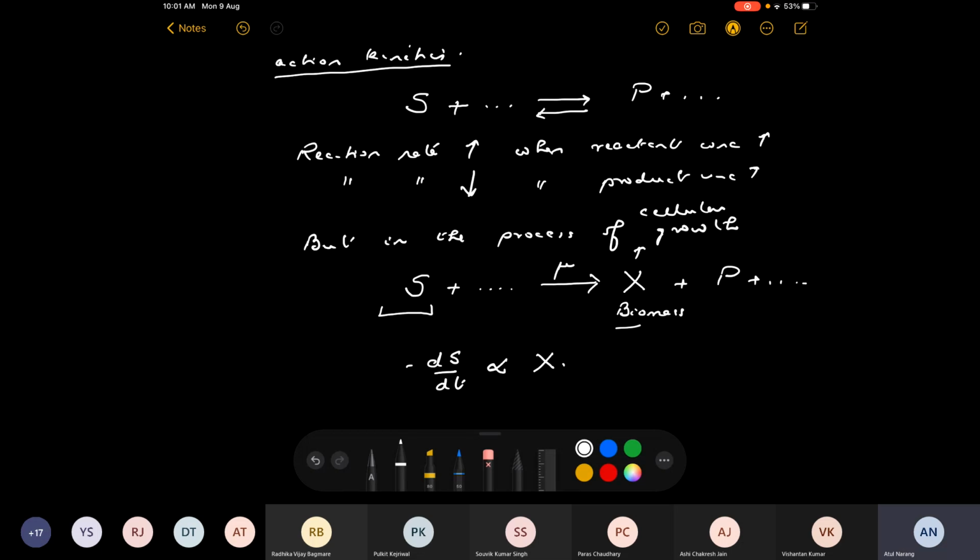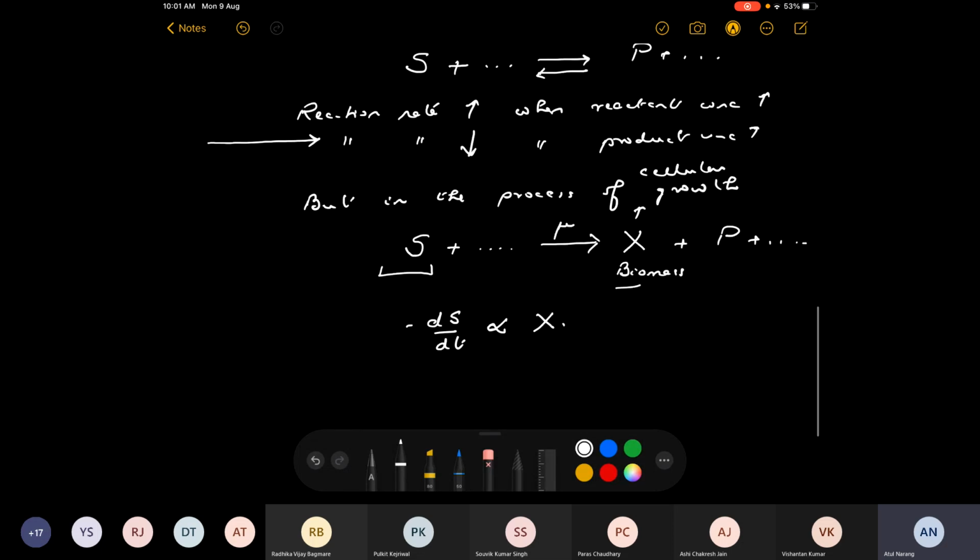So now this is violating this particular rule that you have used in chemical engineering. In this case, what we find is that the product actually stimulates the reaction rate. It does not inhibit the reaction rate, it stimulates it.